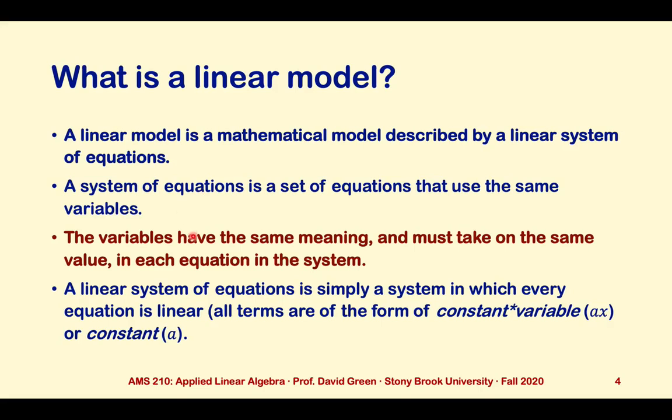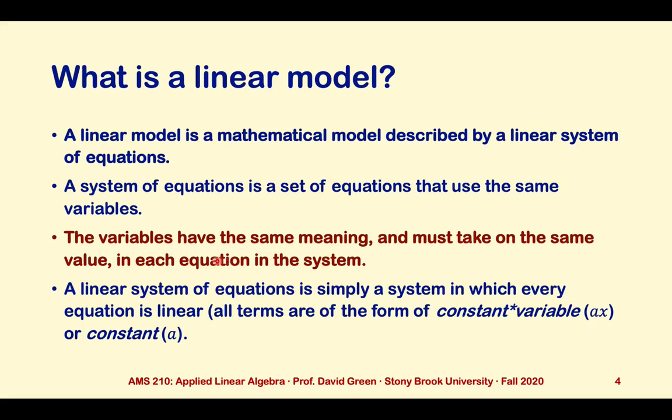Remember that a system of equations is a set of equations that use the same variables, and not just the same symbols for variables, but variables that mean exactly the same thing. This is one of the key things about a system of equations. The variables have the same meaning in the context of whatever problem we're working in, and they must take on the same value in each equation in the system.